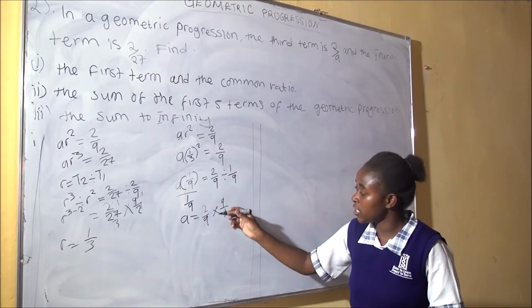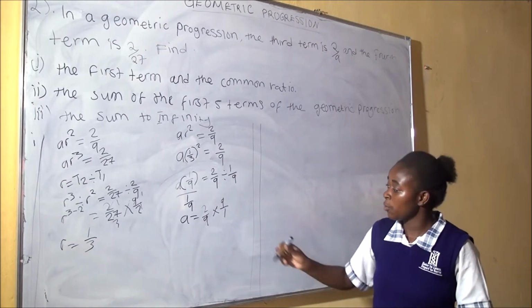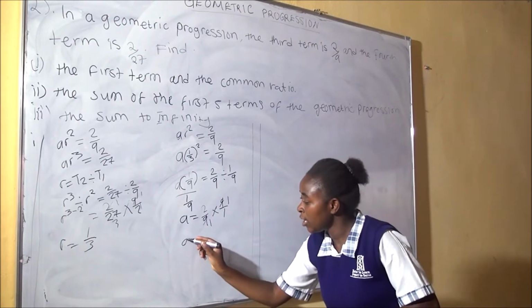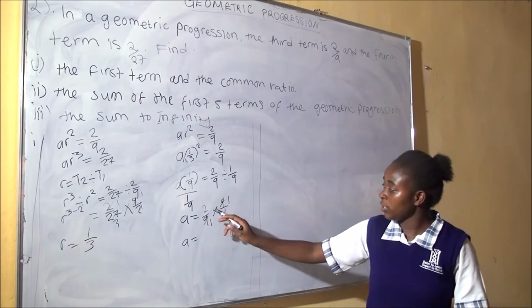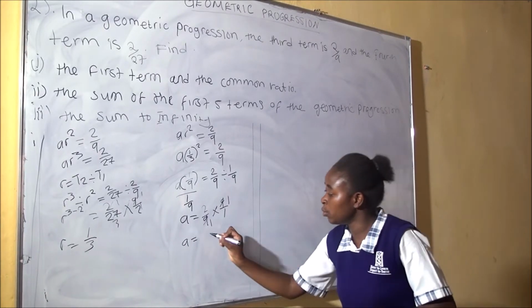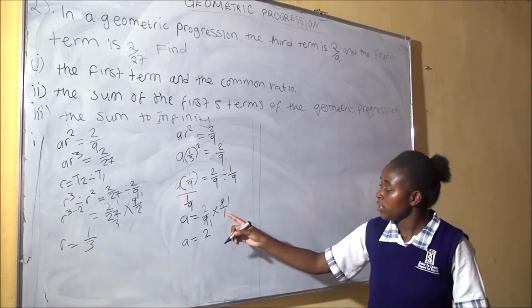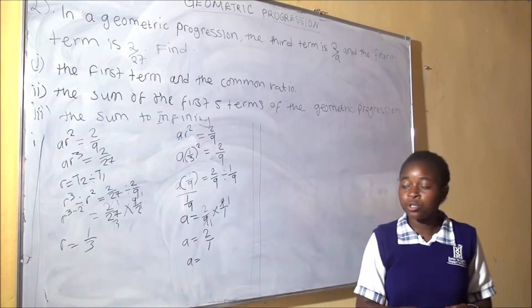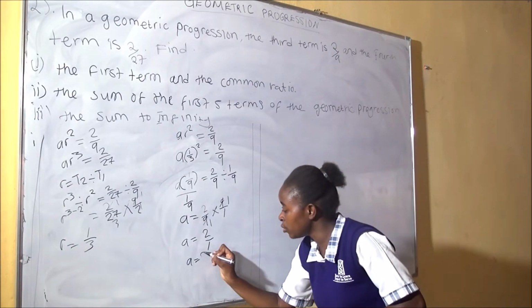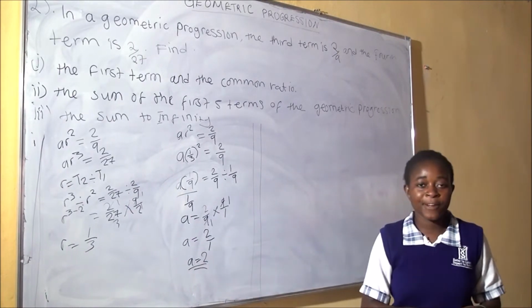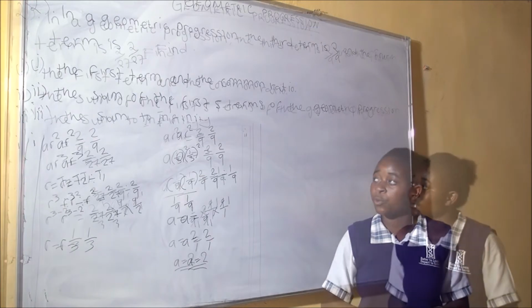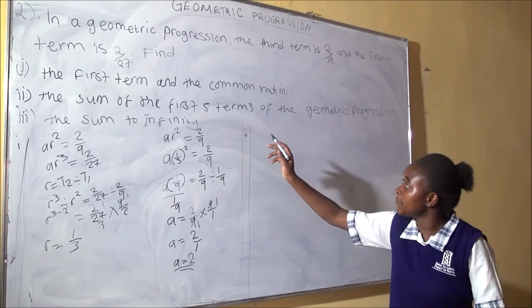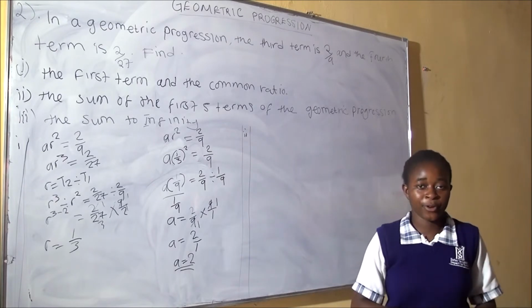Here we divide the numbers which can divide: 9 into 9 gives 1, and 9 into 9 gives 1. So a equals 2 times 1, which is 2, over 1 times 1, which is 1. So a equals 2 divided by 1, which is 2. So we have found our first term and the common ratio. The second question says, find the sum of the first 5 terms of the geometric progression.